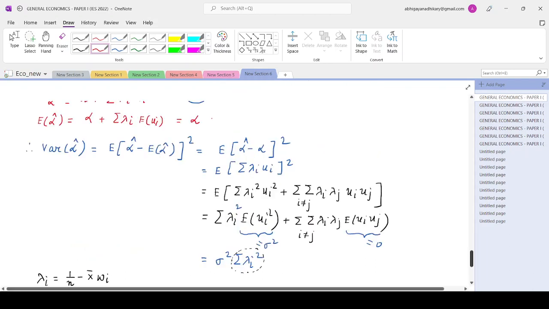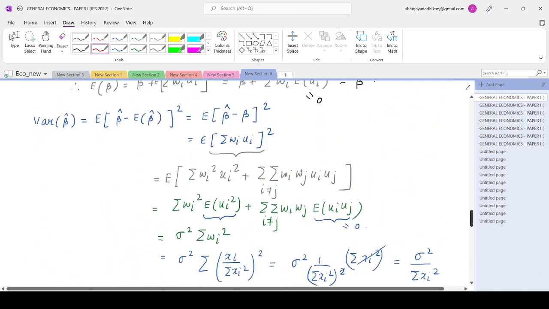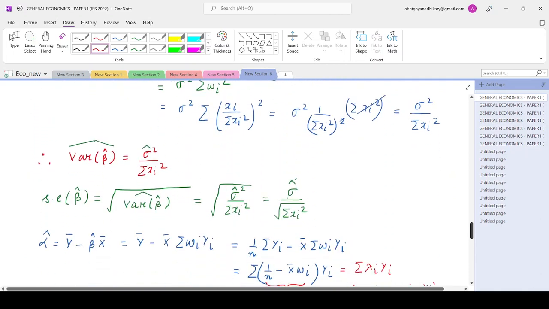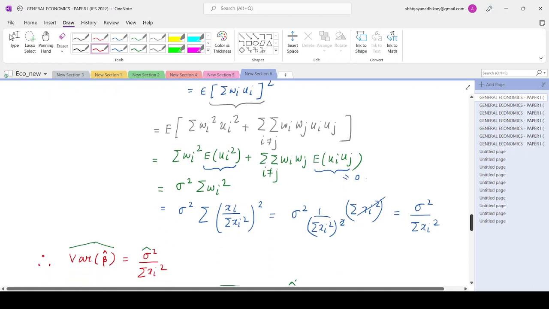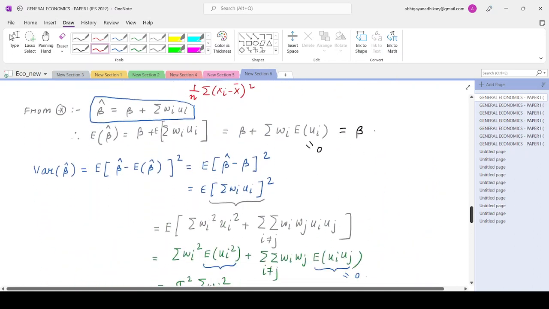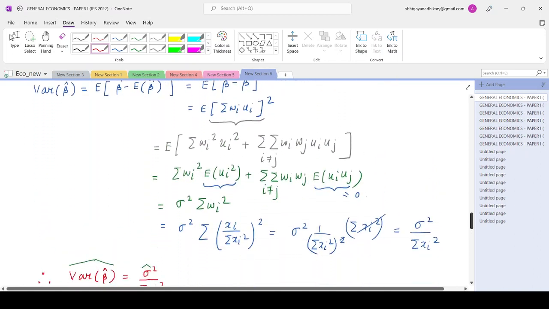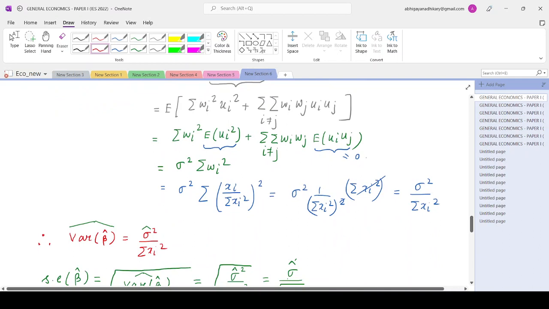So now if you look at the expression, we have already calculated summation w_i square as well. Yeah. So summation w_i square is basically this part, 1 by summation small x_i square, right? From this expression over here, sigma square is out and summation w_i square.